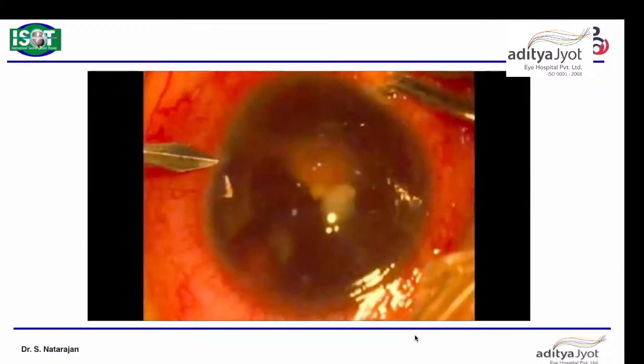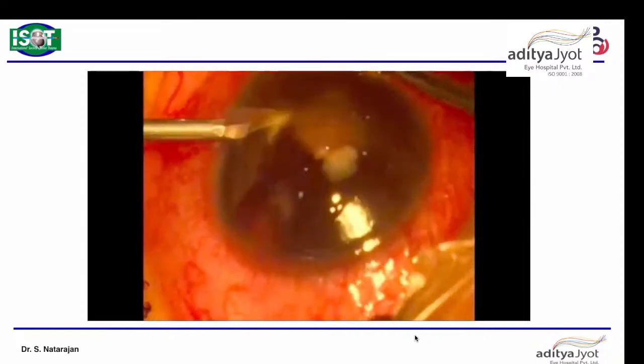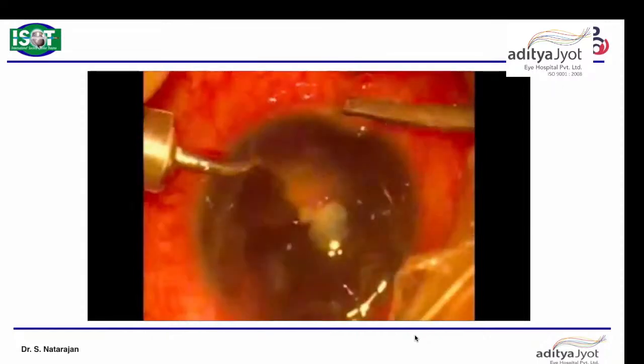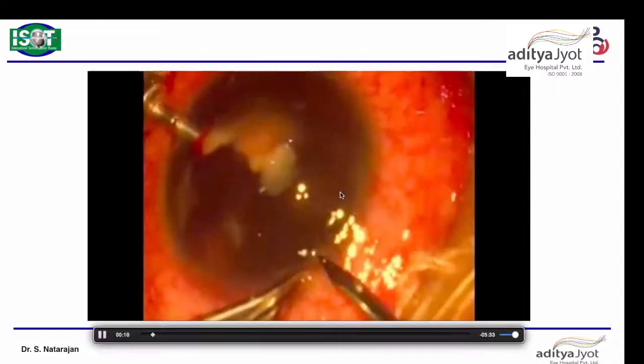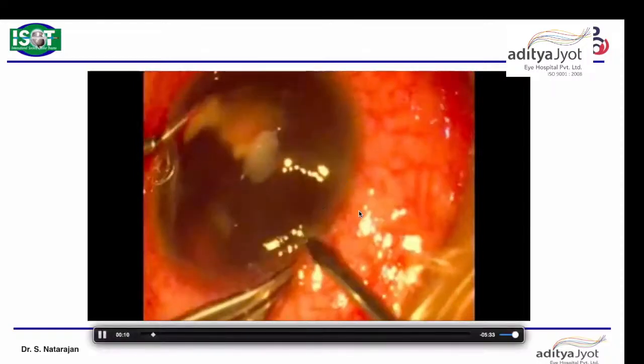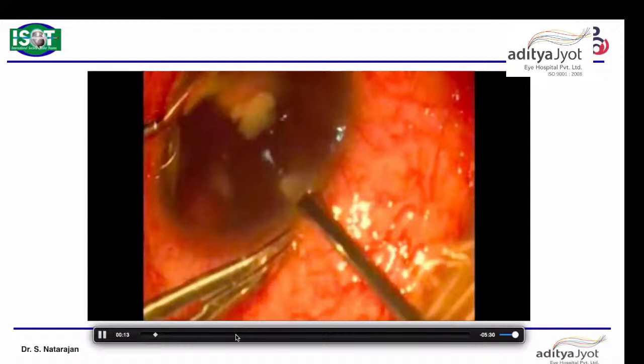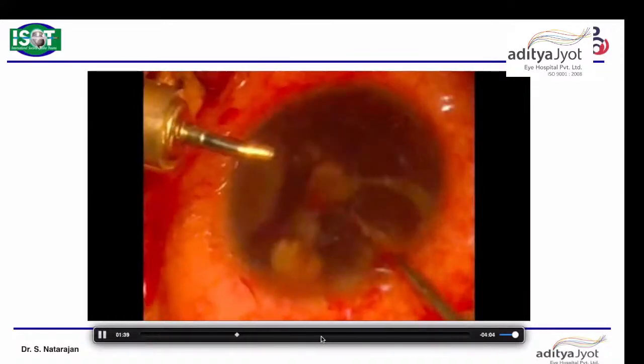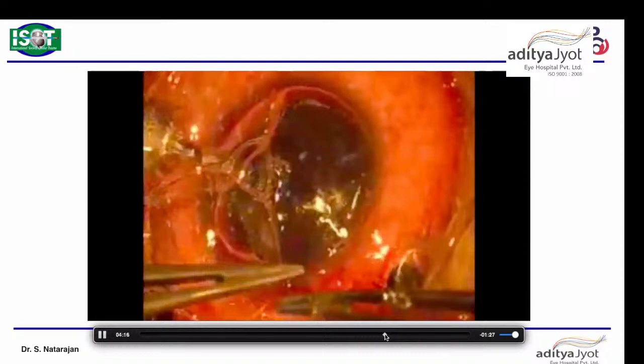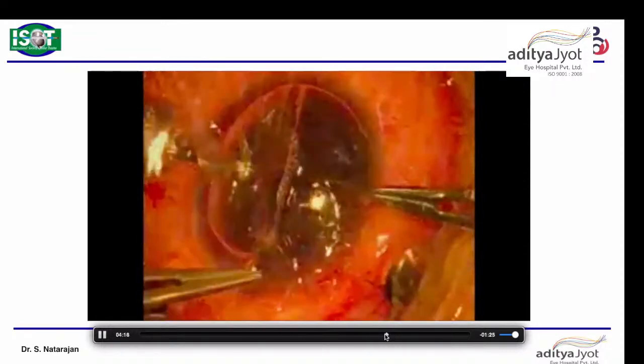However bad it is, my suggestion is that here I'm using the MVR blade and entering the anterior segment, having the infusion line in the anterior chamber, and then you are clearing the vitreous from exudates, and finally you conclude by having a fluid air exchange.